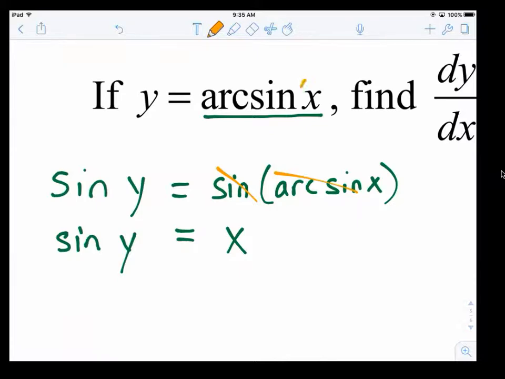Yeah, but then you'd be left with x over sine. You don't want that.